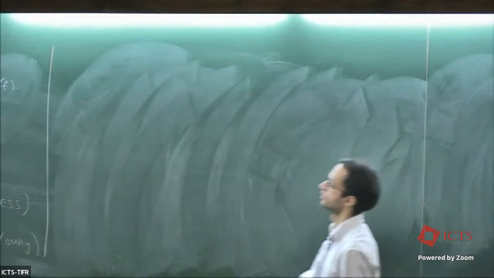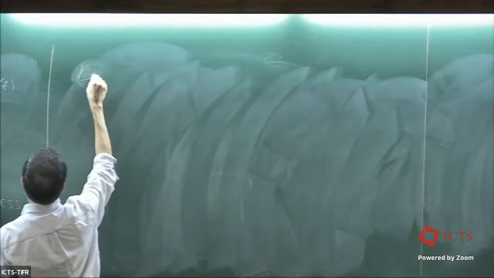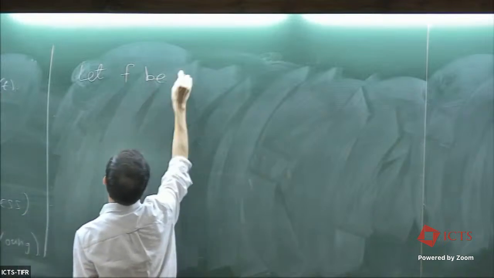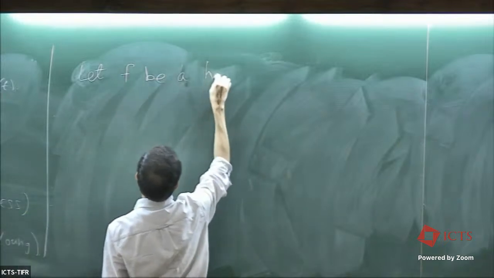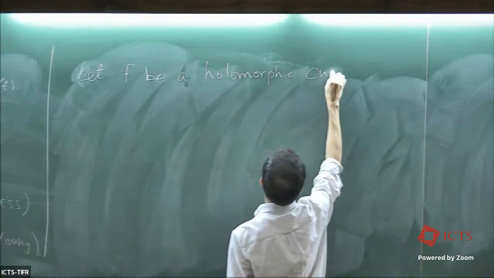Okay. So let's recall what a holomorphic cusp form is. So what I'm going to take is that let f, and I'm going to abuse notation many times, but for now, let f be a holomorphic cusp form.